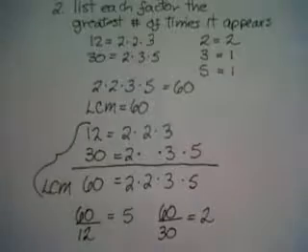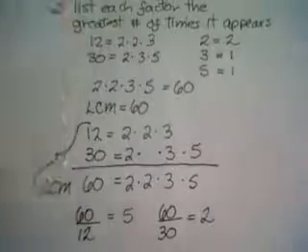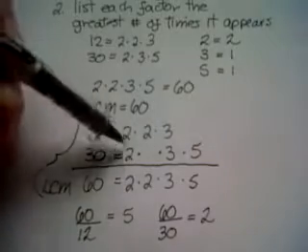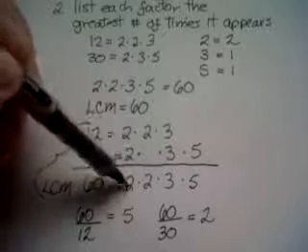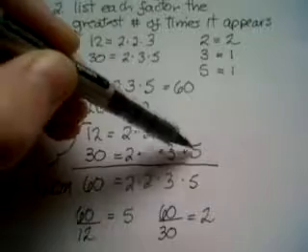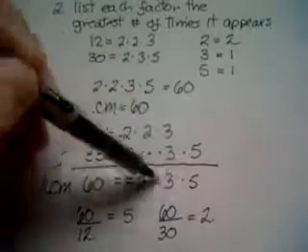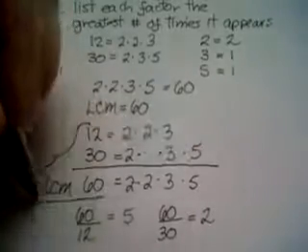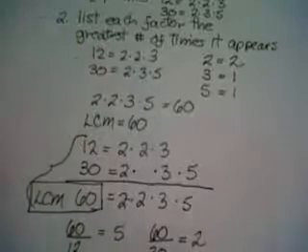Then I have a 3, so I can line this 3 up with that 3. Then I have a 5, and that doesn't line up with anything in 12. Then I draw my little line, and I come down and say, hey, I'm going to count this 2 once, this 3 once, and that 5 once. I multiply those all up, and I get that my LCM is 60. And so that is another method that you can use to find the LCM.